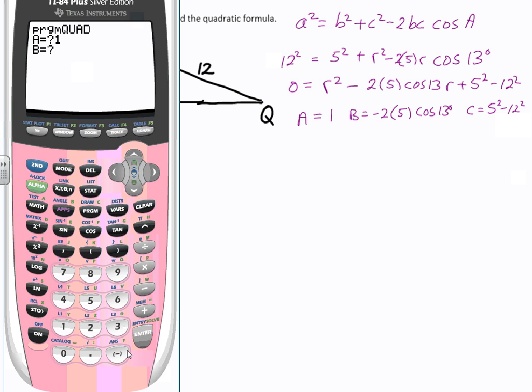And when it asks me for B, I put in negative 2 times 5 cosine 13. And I put in 5 squared minus 12 squared. And I get this. And now the variable in this equation was R. So the results of the quadratic equation are telling me what R is.